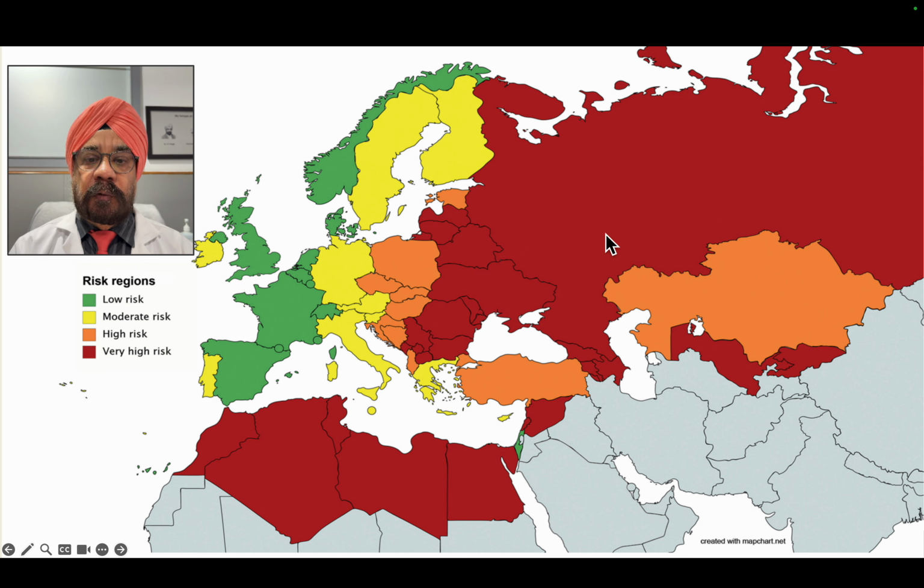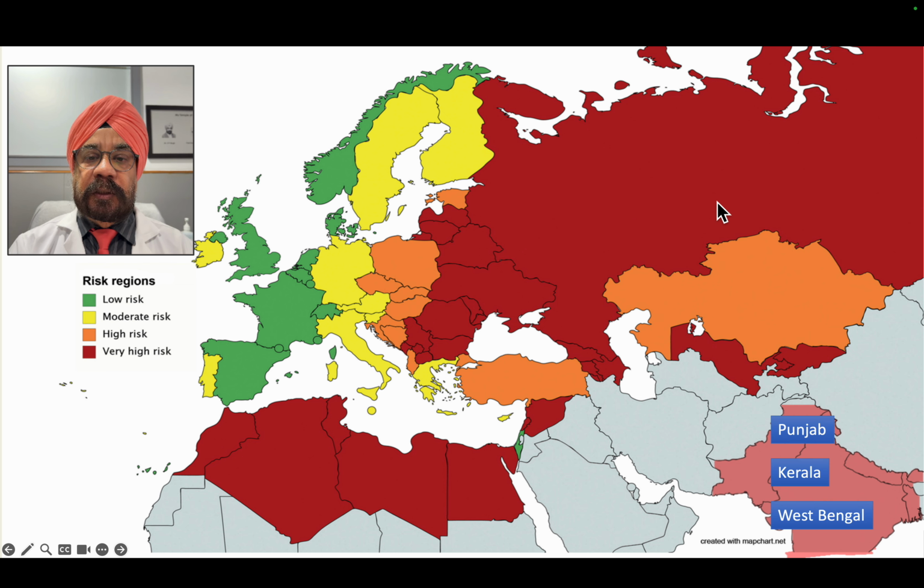We don't have enough data from India, but we know that the Indian population falls between the high risk and very high risk categories, particularly the regions of Punjab, Kerala, and parts of West Bengal and areas around it, which fall in the very high risk category.